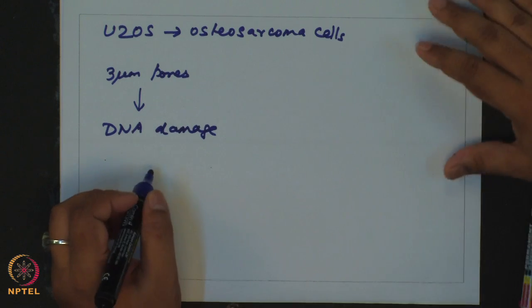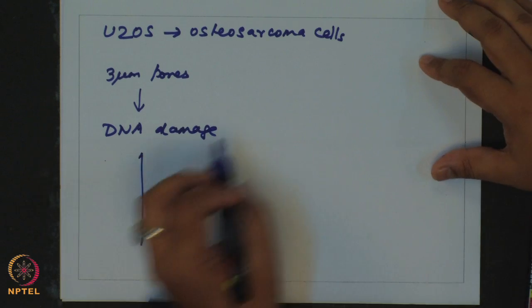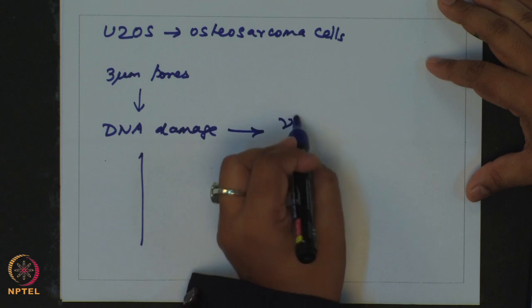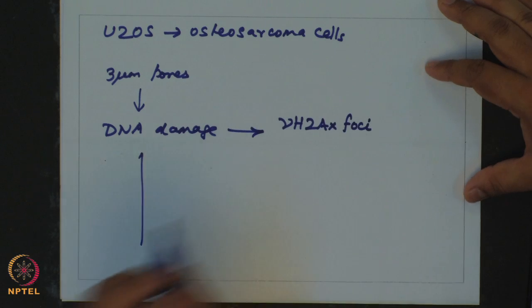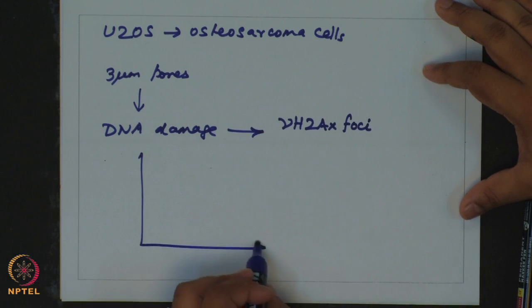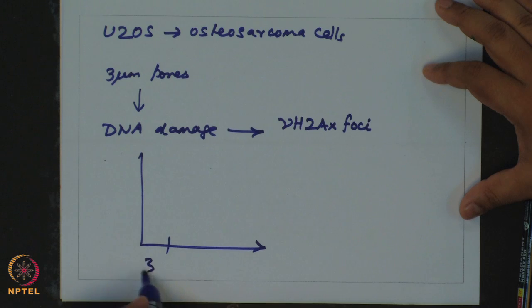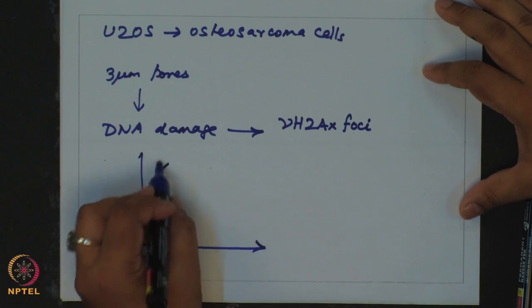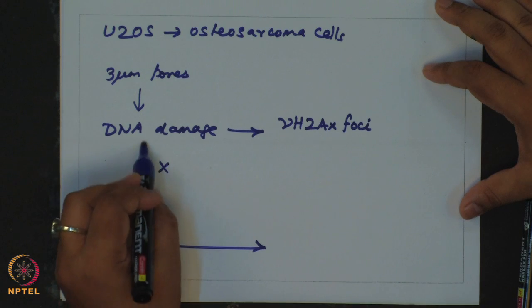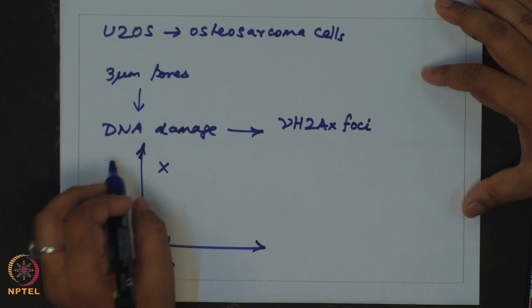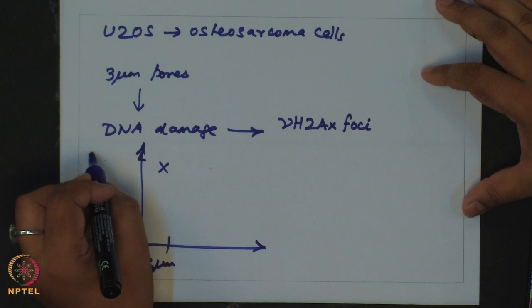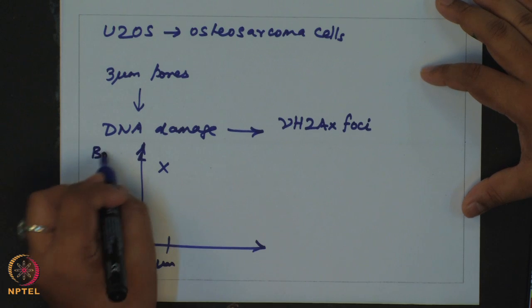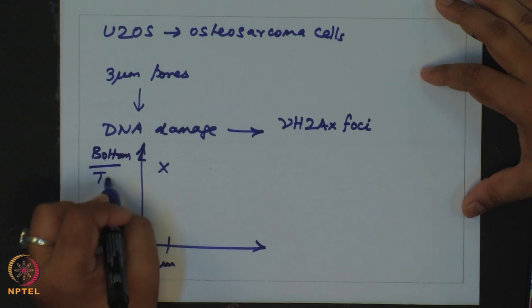They tracked the extent of DNA damage by the number of gamma H2AX foci. What they found was, in 3 micron pores, they tracked the ratio of gamma H2AX foci, bottom versus top.